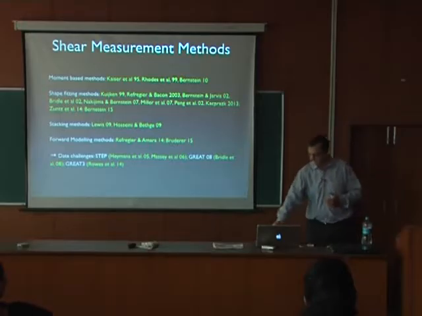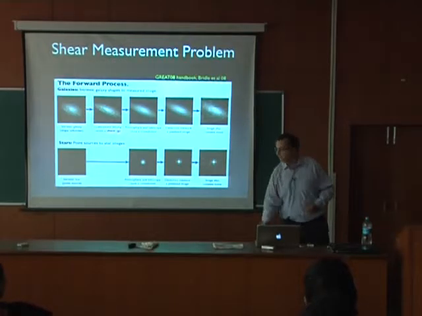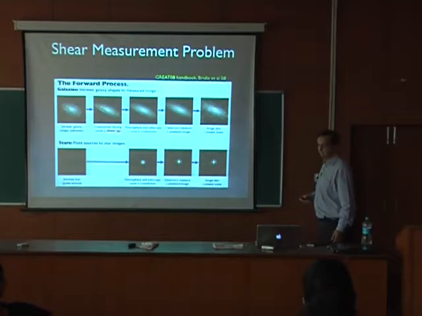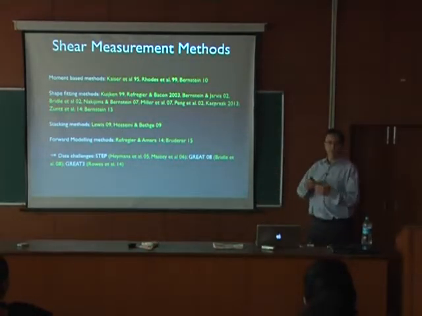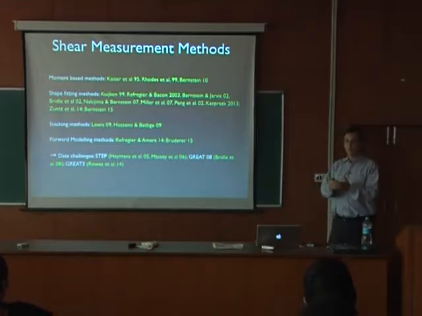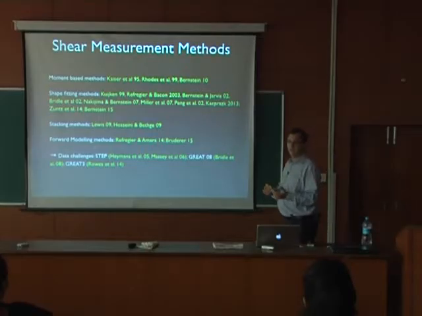You simulate all these forward steps, and then you apply the method that you've developed on the simulations and check whether the output shear, the estimator of the shear that you have, is equal to the input shear that you've put. And in the simulation, you know what the true shear is, so you can compare and you can calibrate the method.